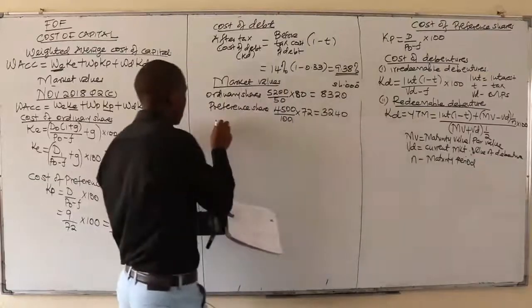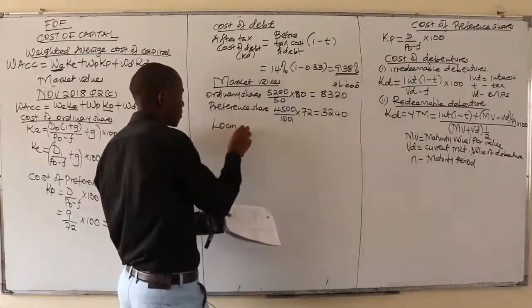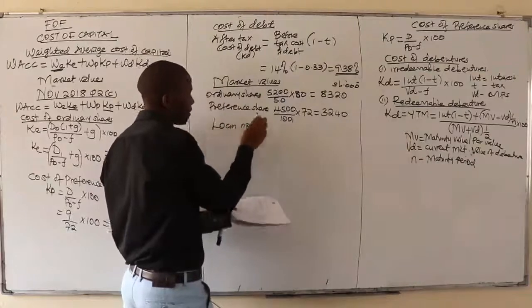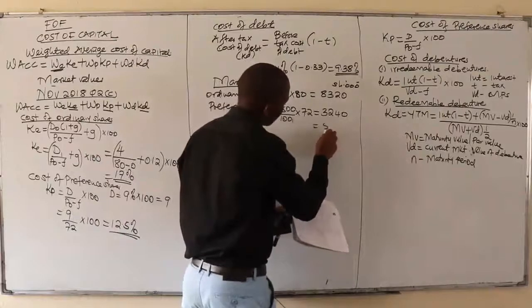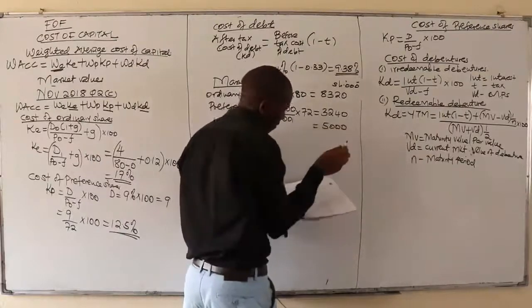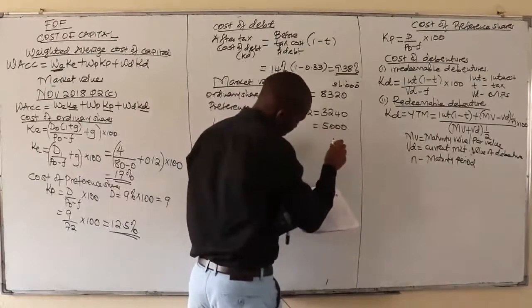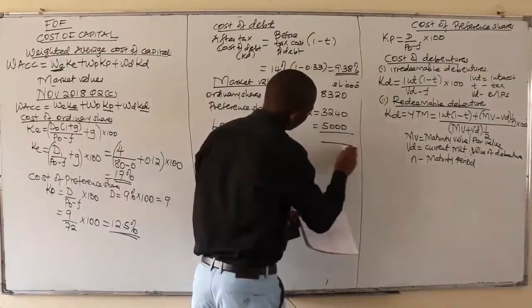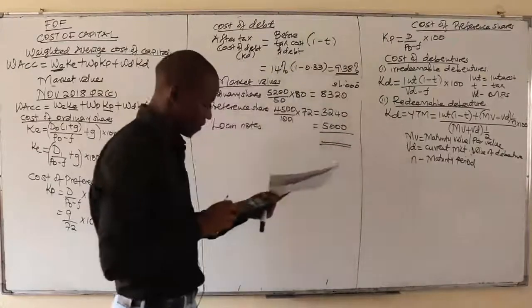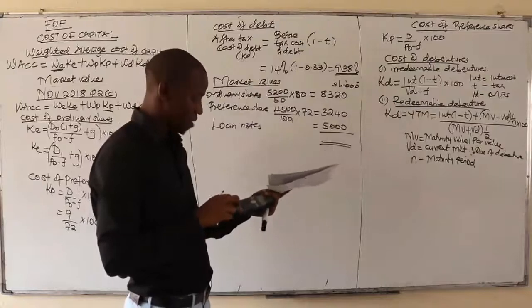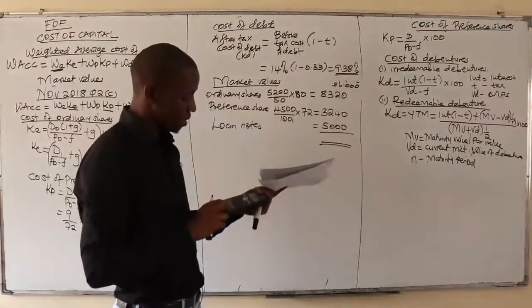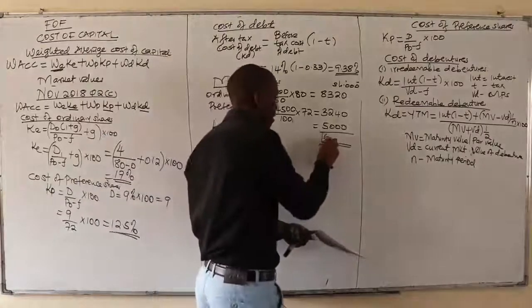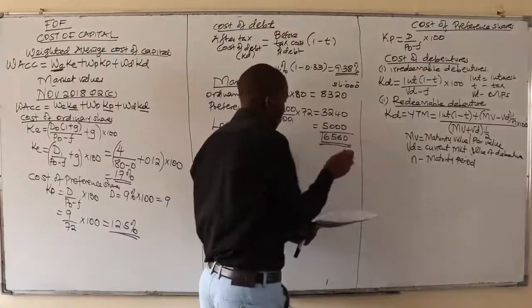40. The loan notes, they are still trading at the par, so meaning that they are not going to change, and therefore it will remain what? 5,000. And therefore in that case, you can get the total. The total will be 5,000 plus 3,240 plus 8,320, which in that case is 16,560.